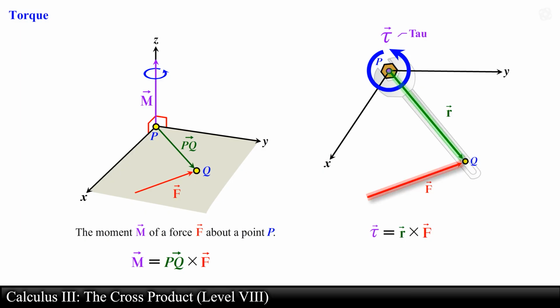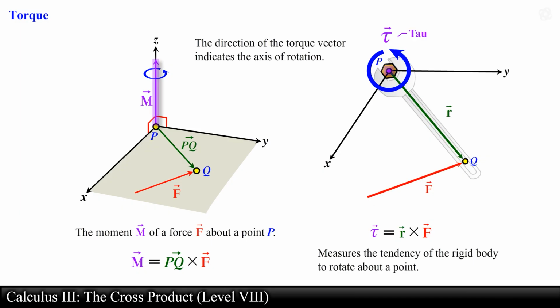The vector produced from the cross product of these two vectors measures the tendency of the rigid body to rotate about the origin. The direction of the torque vector indicates the axis of rotation. So the bolt and the wrench will rotate about this axis.